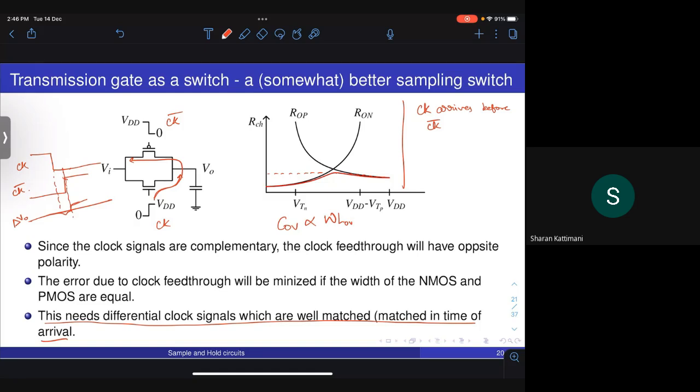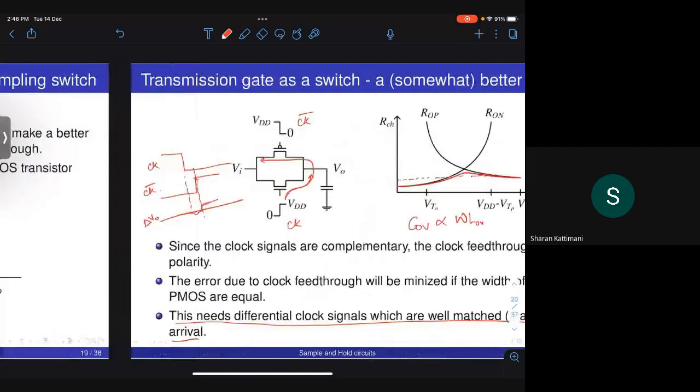And because the mobility of PMOS is lower than the mobility of NMOS, you will have a higher on resistance, right? So this is one of the concerns we have with the transmission gate type switch.